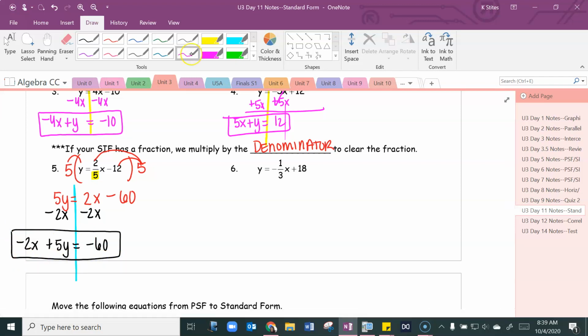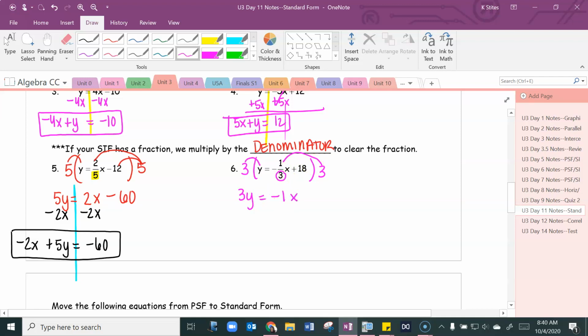All right, let's try it again. First step, we want to get rid of that fraction. So we are going to multiply by our denominator, which is 3. Remember, everything is multiplying by 3. 3 times y is 3y. 3 times negative 1/3, those 3's are just going to cancel, and you'll have a negative 1x.